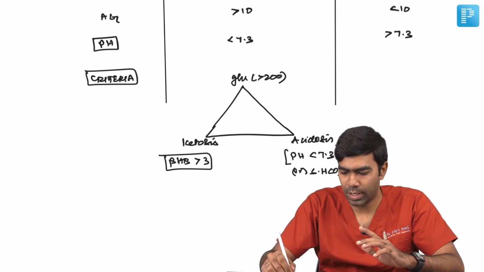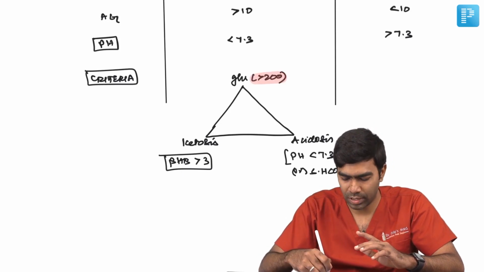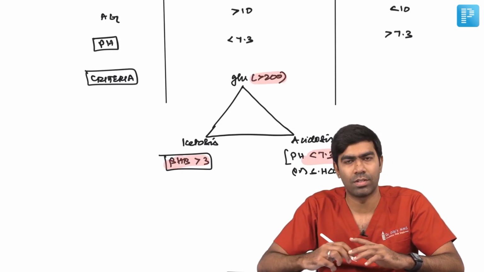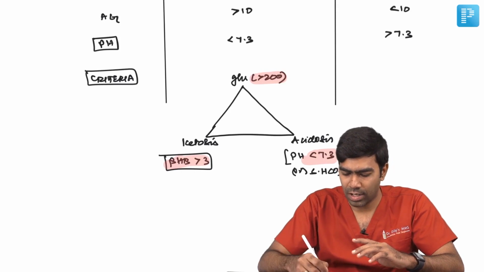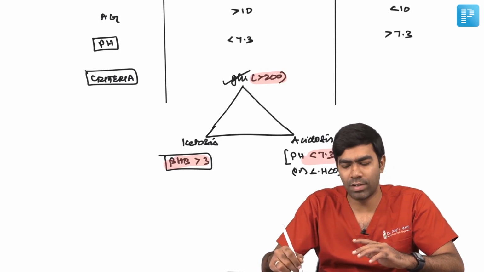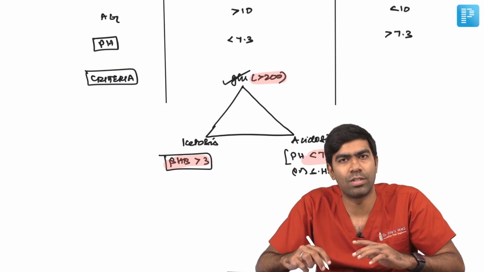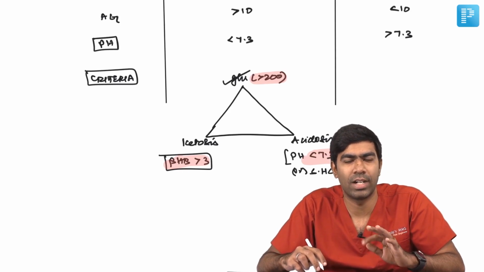So that's why it is called a diabetic ketoacidosis. So just having hyperglycemia without any evidence of ketoacidosis, you cannot take it as a DKA.